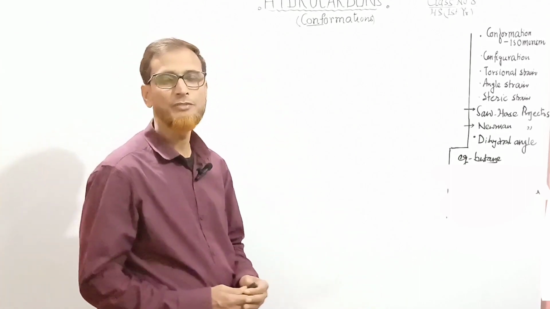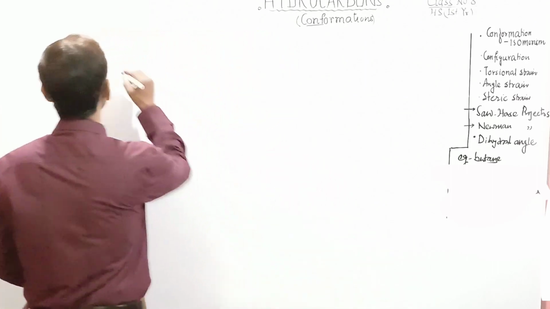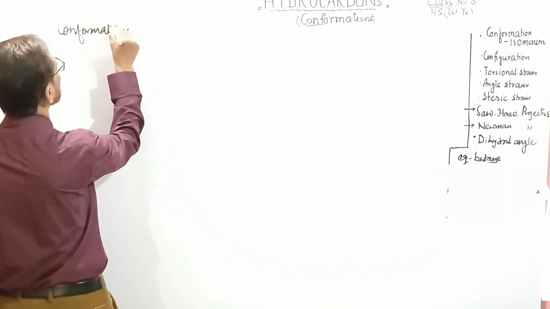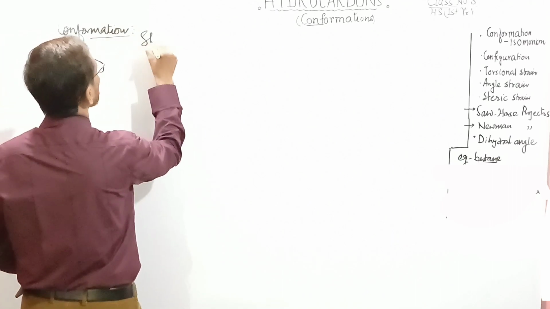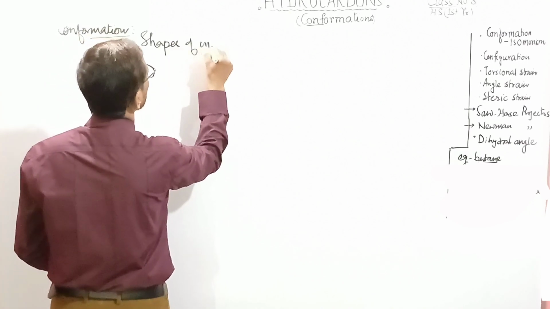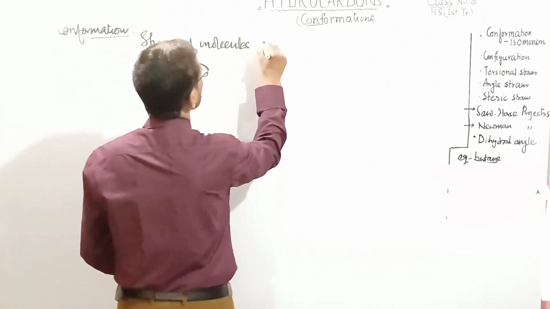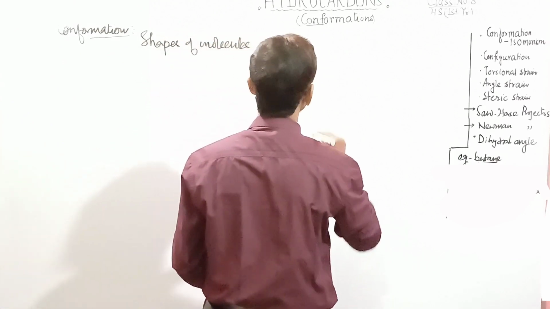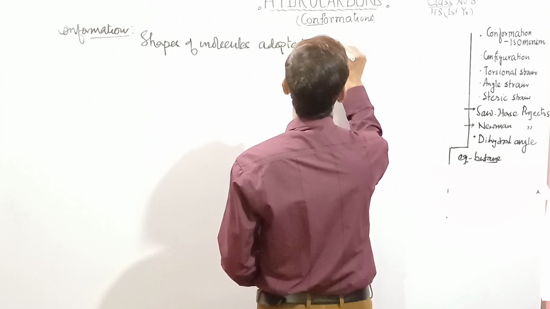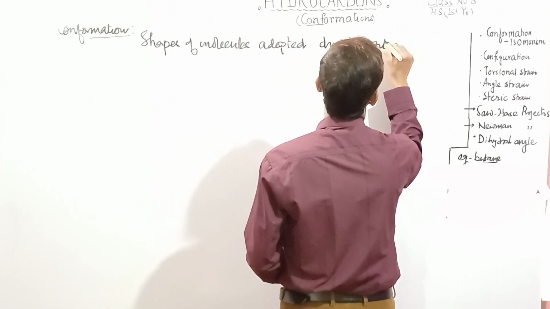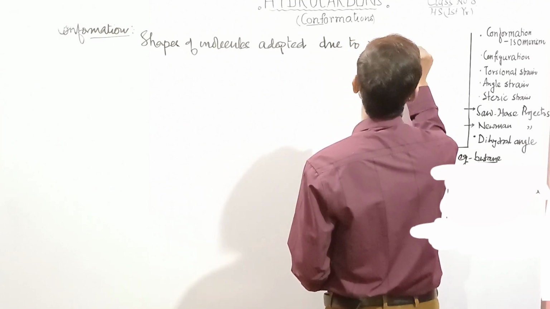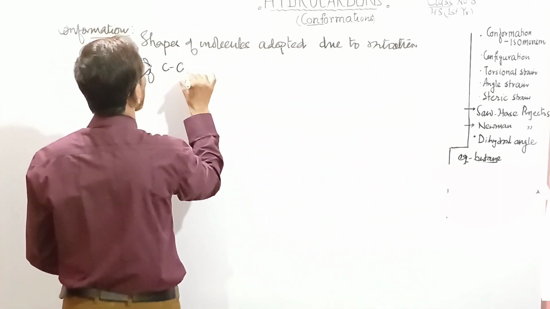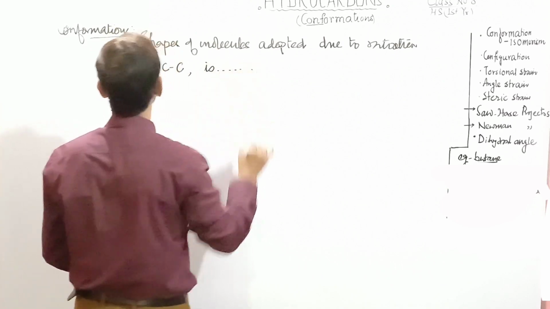Now, first of all, let me define what is conformation. Conformation: the types of shapes of molecules adopted due to rotation of carbon-carbon single bond is called conformation.